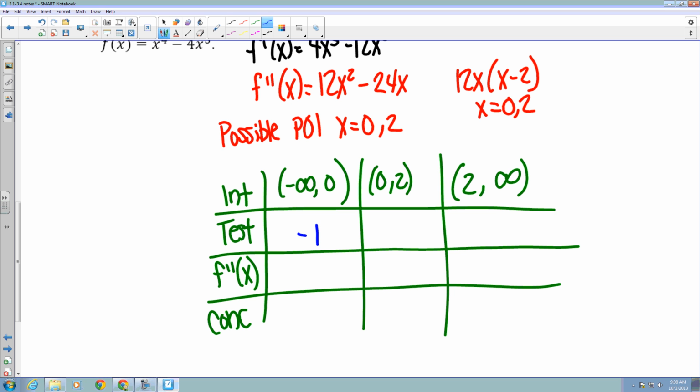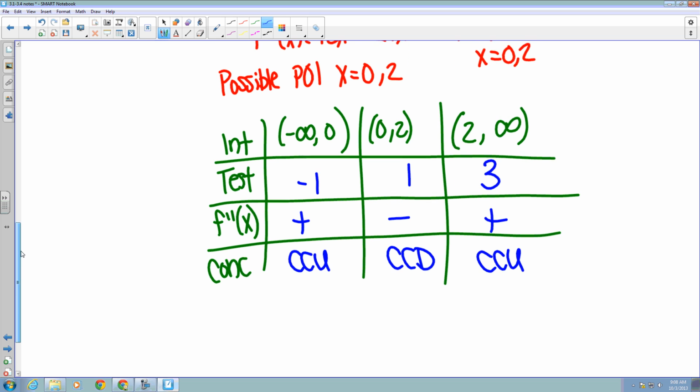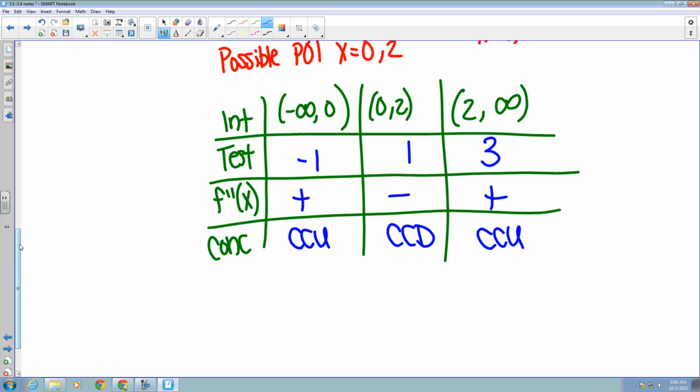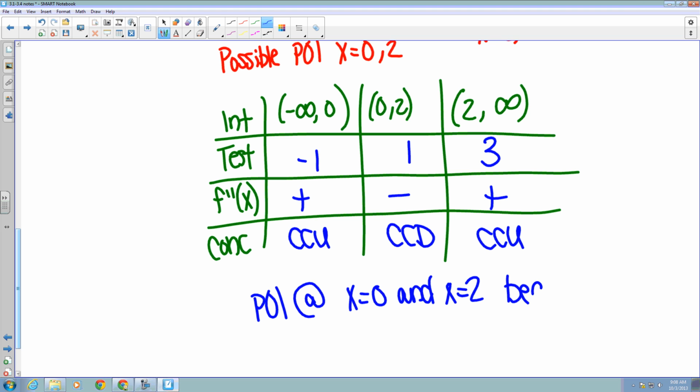Our test points, negative 1, 1, and 3. Positive, negative, positive, when you plug those back into the second derivative. So we are concave up, concave down, and concave up. So we can note that because the concavity changes at 0 and 2, those are both points of inflection. Points of inflection at x equals 0 and x equals 2. We know that because the concavity changed.